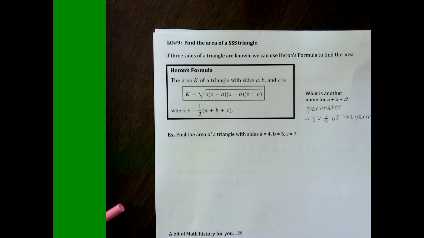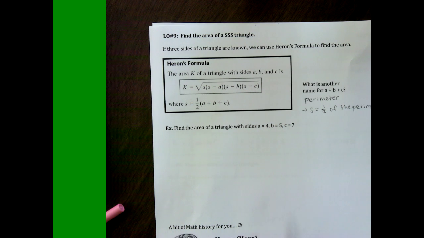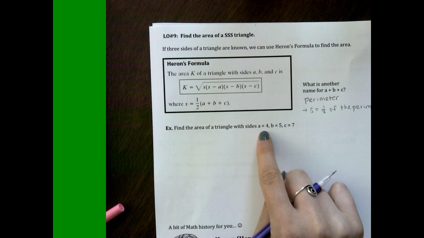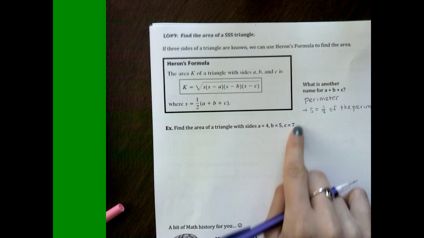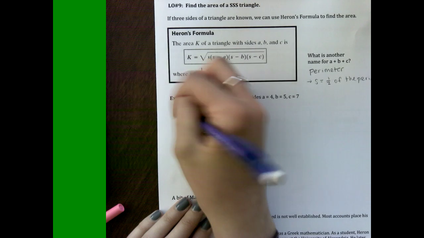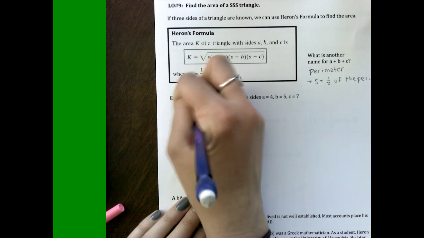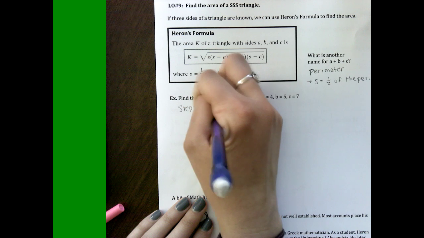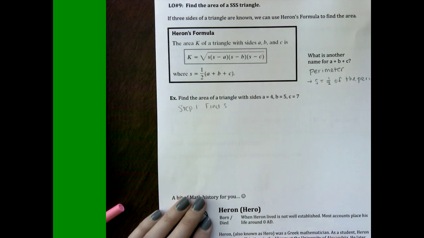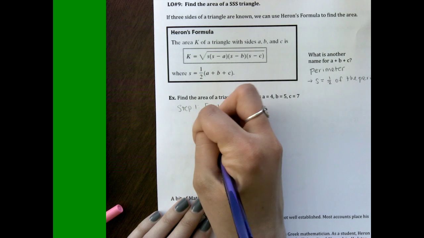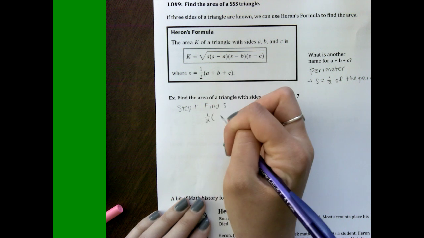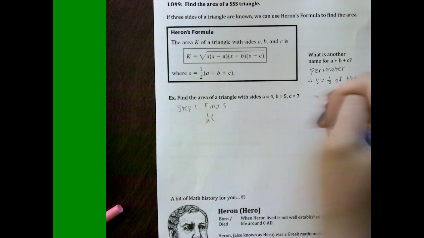Okay, let's practice. So we already know, this is pretty clear that we're in the side, side, side situation, so I'm not going to draw the triangle out. But here, your first step would be to find S. So S is going to be half of all these sides added up.